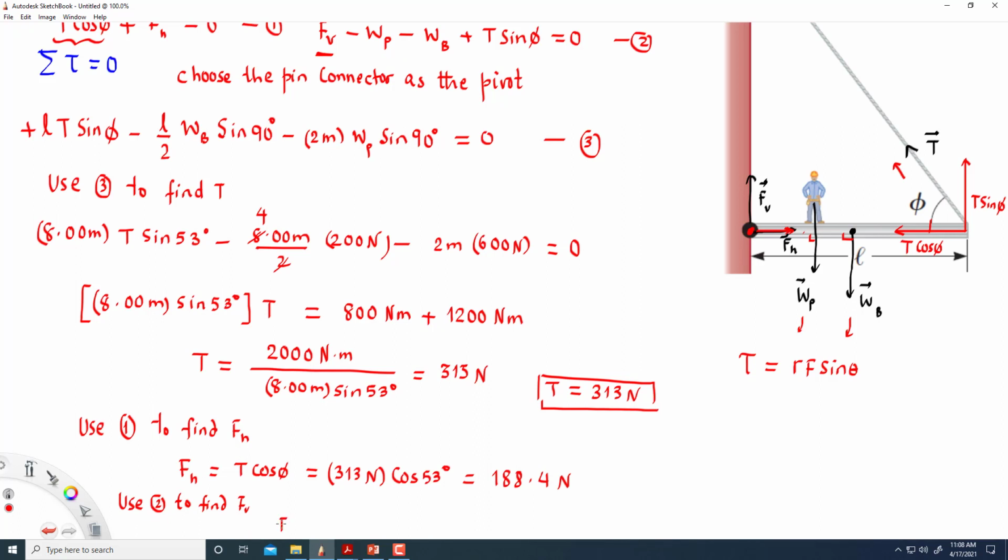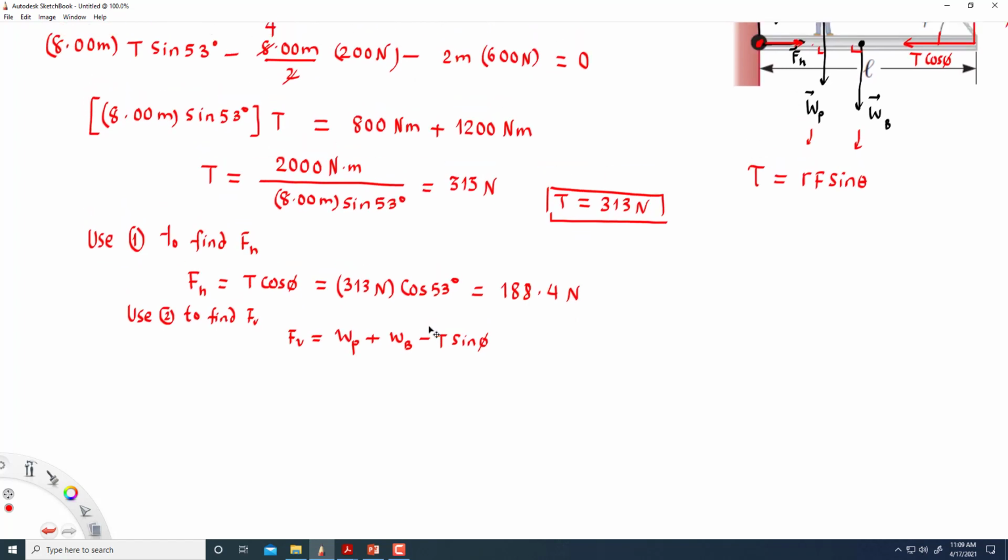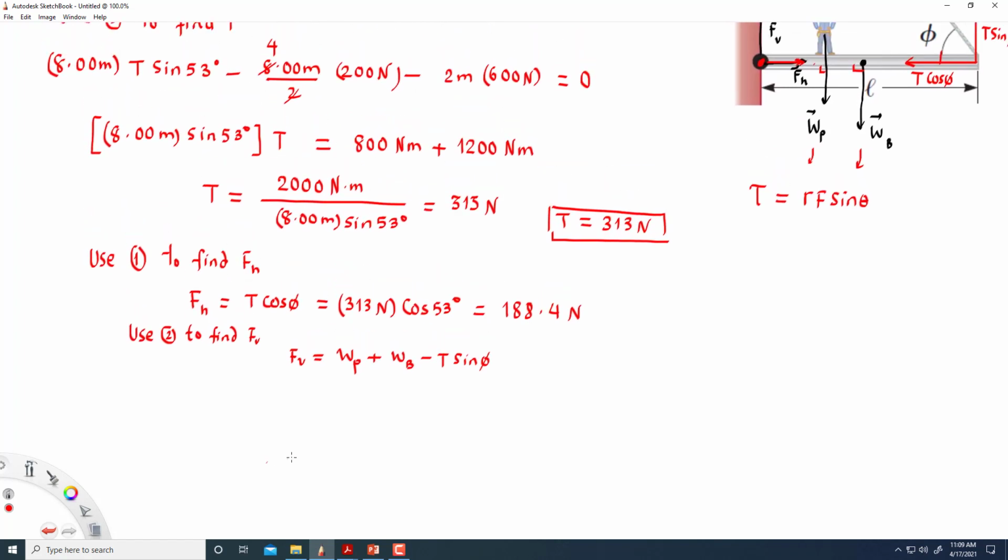So FV is equal to WP plus WB minus T sine phi. WP is the weight of the person, which is 600 newton.